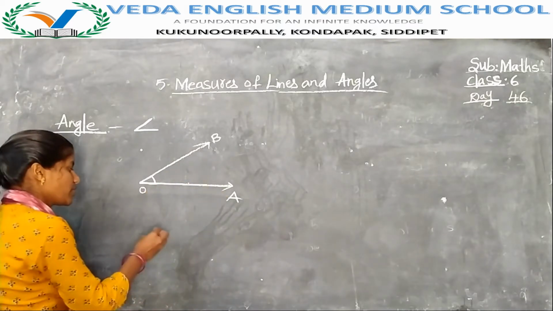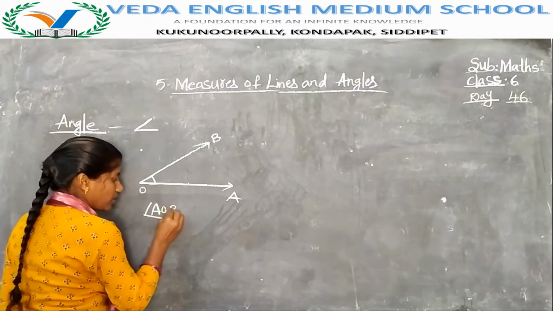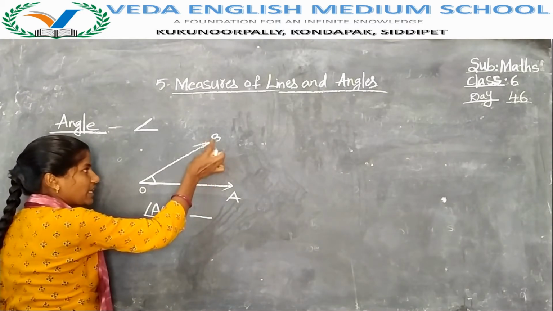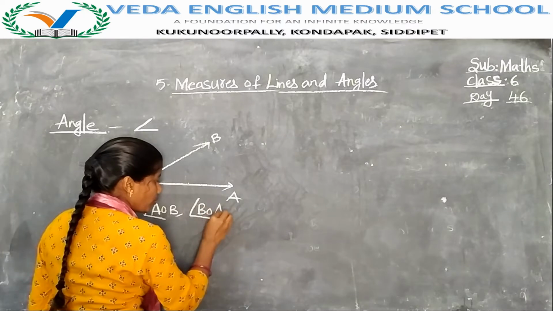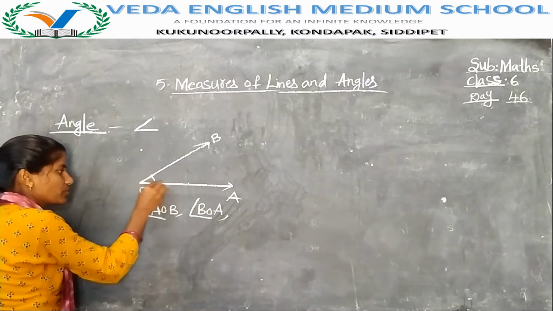If you want to say angle AOB, using the symbol you say angle AOB, or if you want to start from the other side, angle BOA. Or, simply, what is the intersection of these two rays?